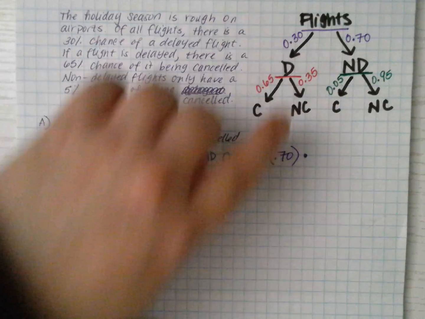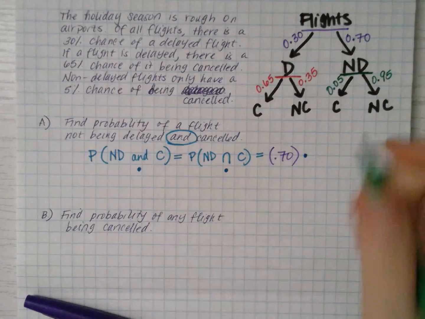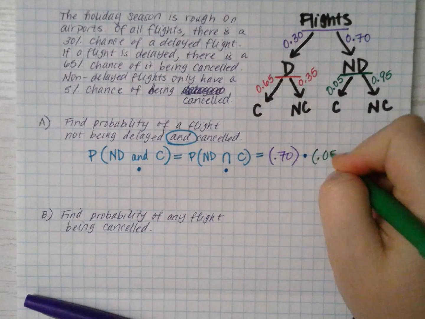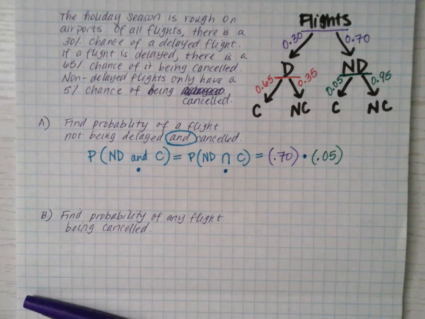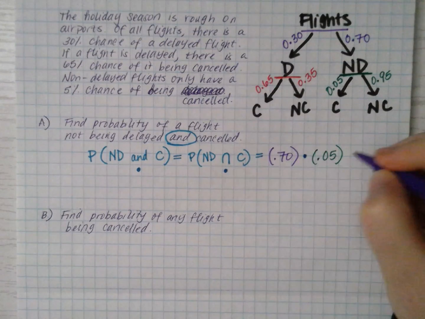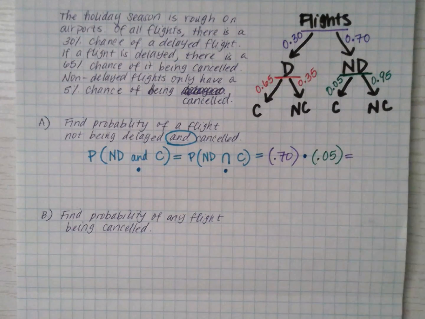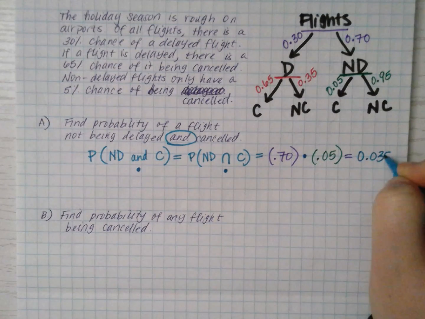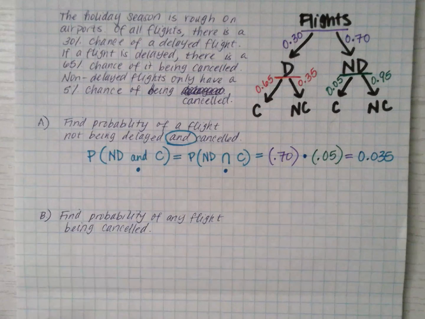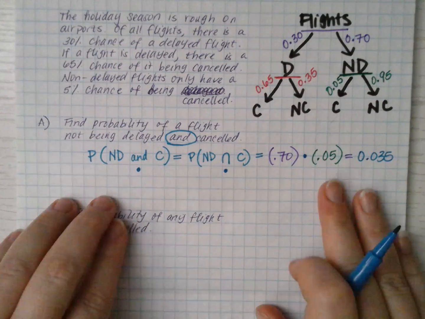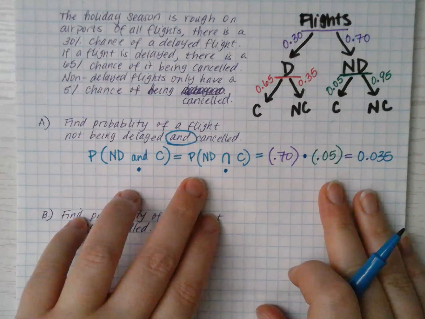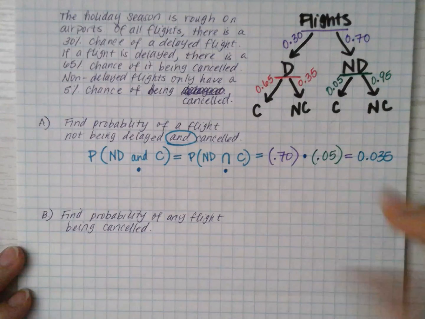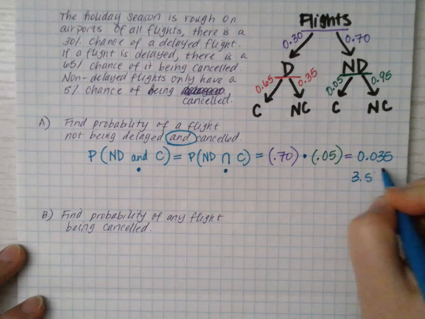So if I were to multiply this by 0.05, this is going to be giving me a 0.035. And that is the probability of not being delayed and canceled. If I were to rewrite this as a percentage, it would be 3.5%.